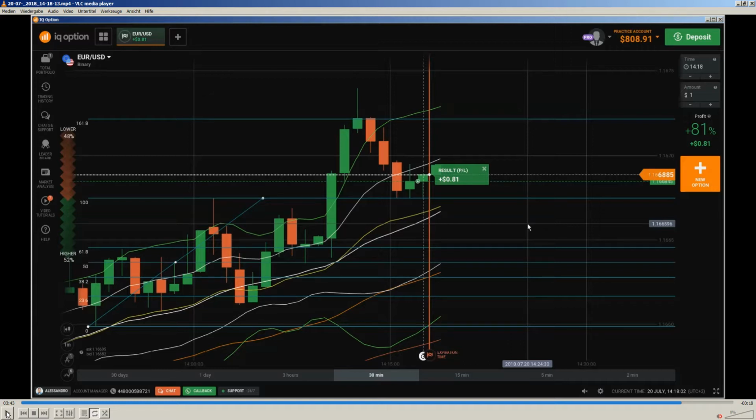But if you understand that you get here a reversal now because there was this weak candle, and you know, mostly price shows you in the first 30 seconds of the purchase time the wrong direction to trap you.